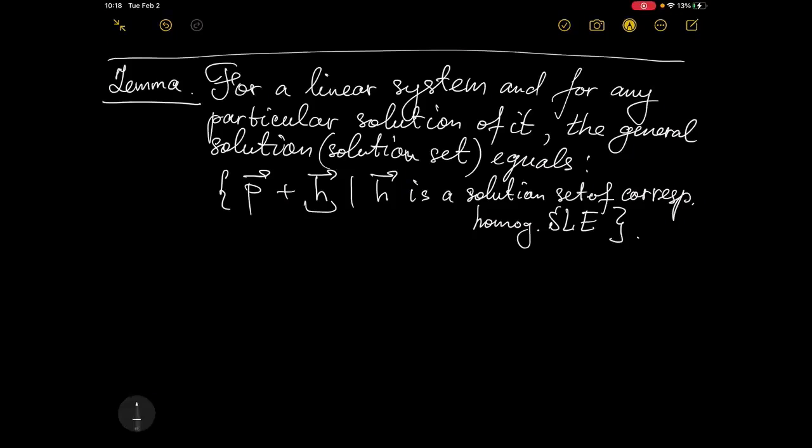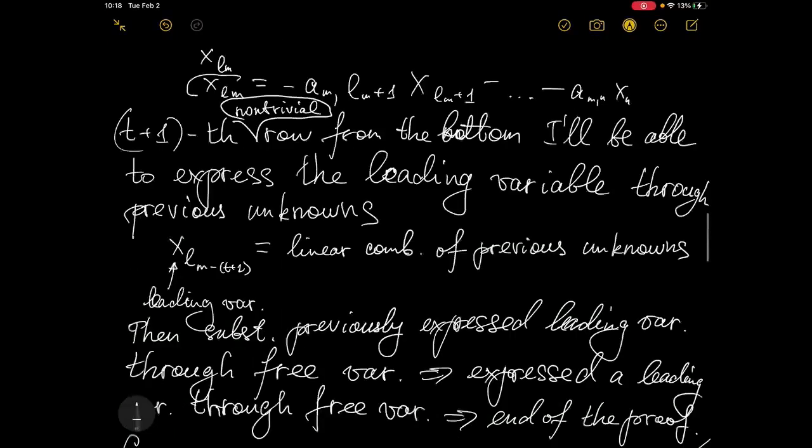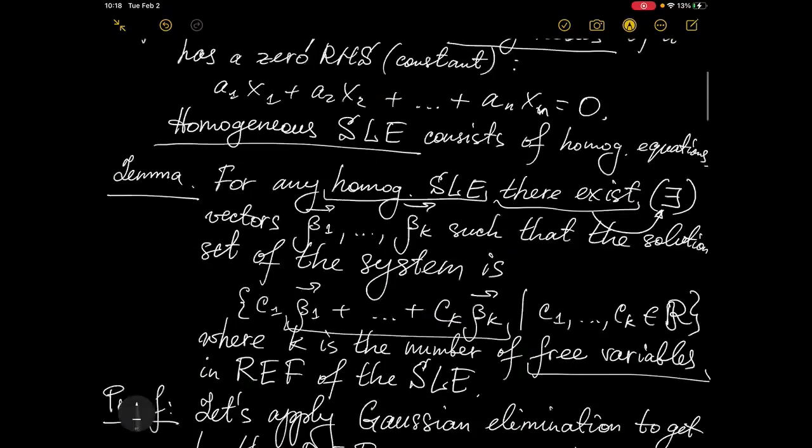So I just zero out the right-hand side. Then I can use the previous lemma, which says that the solution set of the homogeneous system can be expressed as a linear combination of some vectors, right? The number of these vectors is exactly equal to the number of free variables, right?